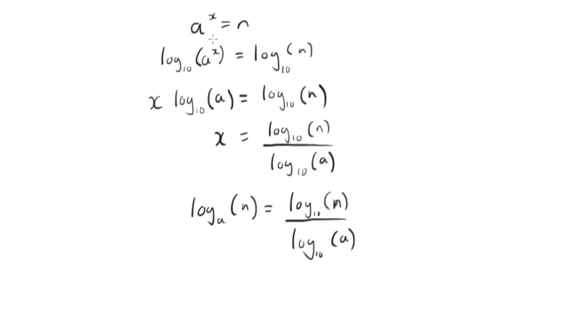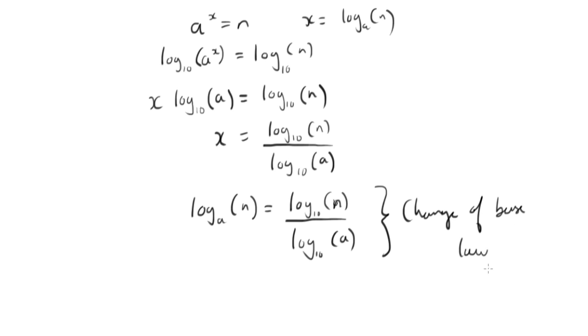If I was to solve this straightforwardly using logarithms, I'd have x equals log to the base a of n. So this is known as the change of base law.